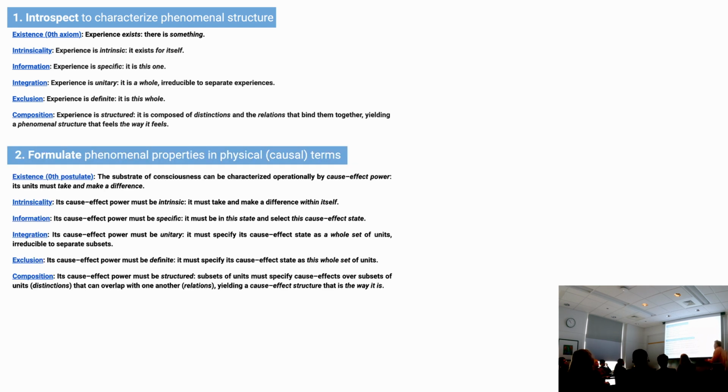And once we have these axioms, we can march towards mathematics, where we take each of these axioms and then we construct postulates. What's a postulate? This is a little bit of a unique way that IIT uses this term. But it's saying I'm going to accept all of these axioms, and now I'm going to think, if there is a brain, how would it have to function for these axioms to be true?